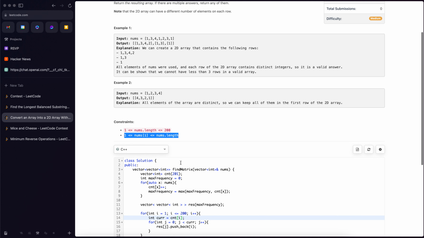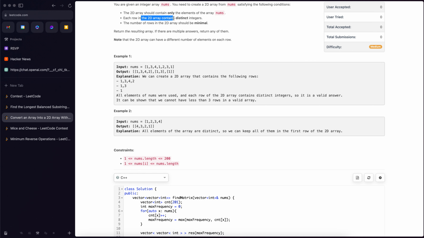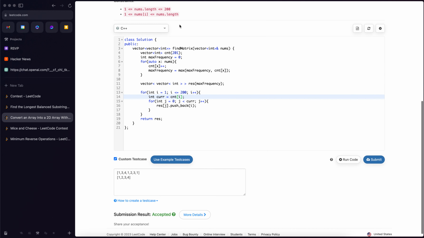In the 2D array we had to make sure that each row does not contain any duplicate, so each row contains distinct integers, and also we had to minimize the number of rows in the 2D array.